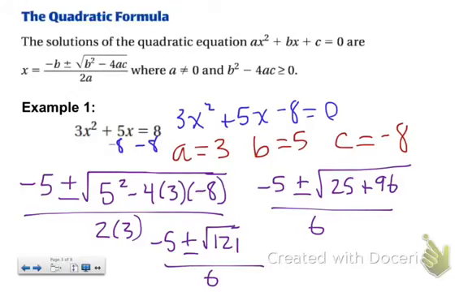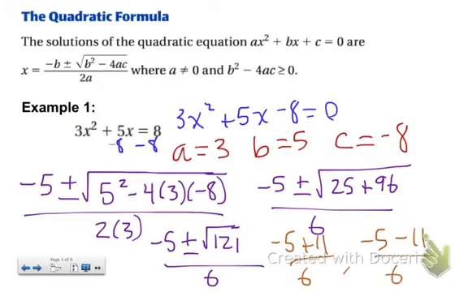Now, this one worked out to be a nice number. It's not always going to. Okay, so sometimes you're going to have to approximate and round to the nearest hundredth. But in this case, the square root of 121 is either positive 11 or negative 11. So what we can do is write it out, negative 5 plus 11 over 6, or negative 5 minus 11 over 6.